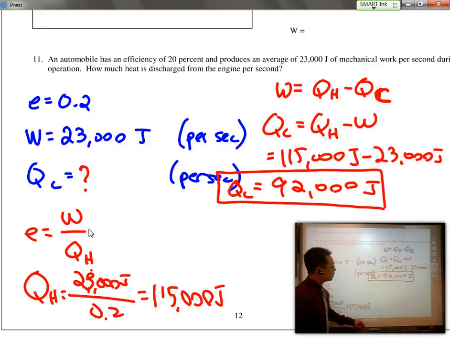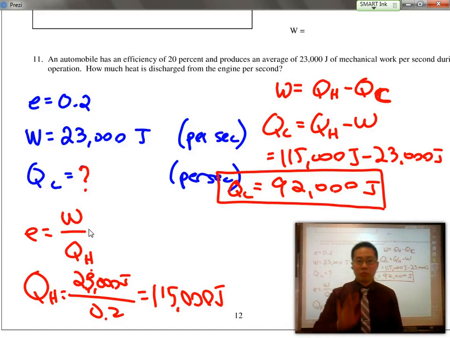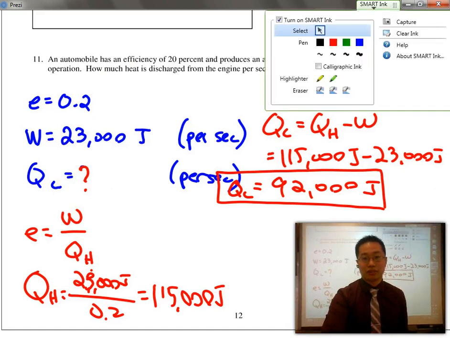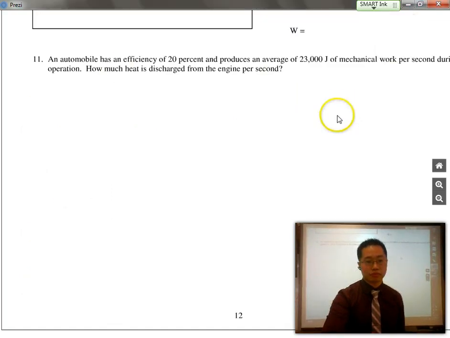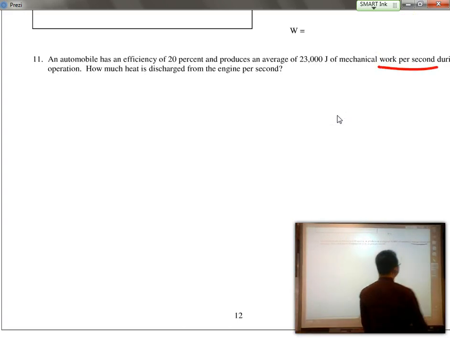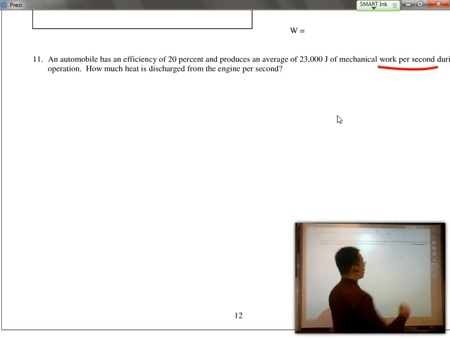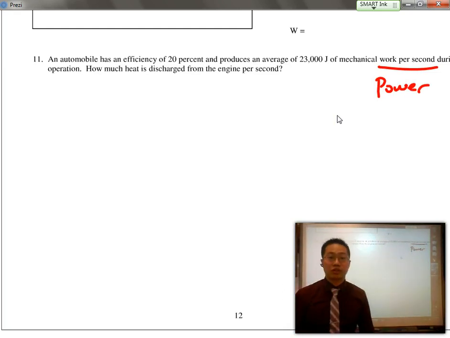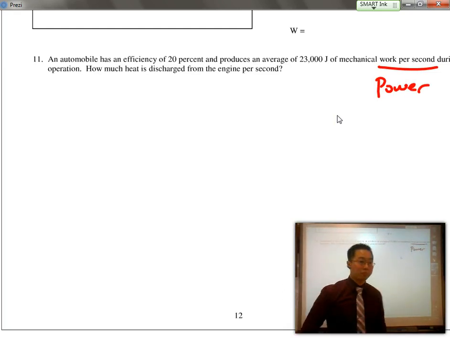Okay. Now, at this moment, I'm going to take this time just to rewrite the formula again a little bit because I want to incorporate the per second. Because whenever I talk about work per second, that's just a fancy way of saying power. Because power is work over time.